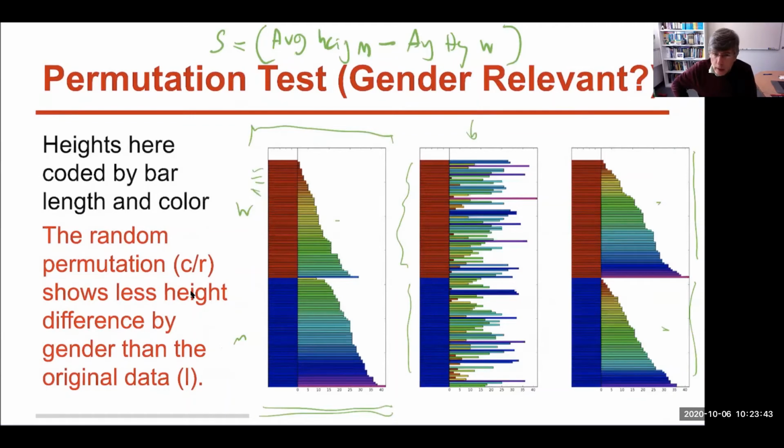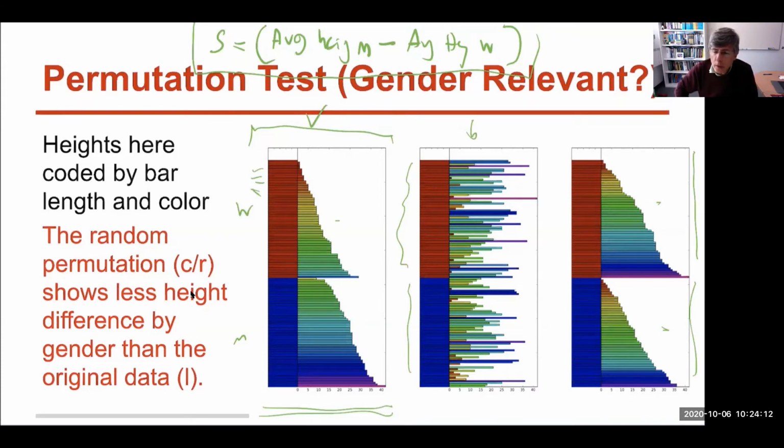Each permutation gave you a scramble. You then computed a statistic on the difference between the male heights and female heights for this new scrambled data. And what we're interested in is how the real value scored against the distribution of results from these random permutations.